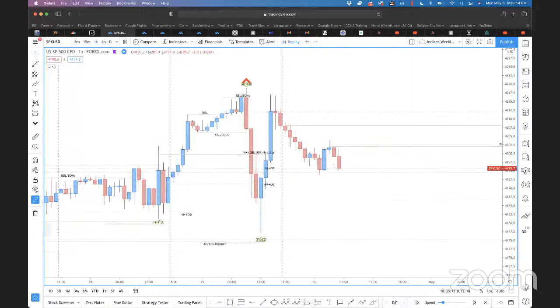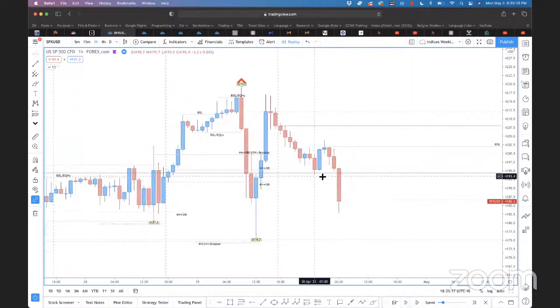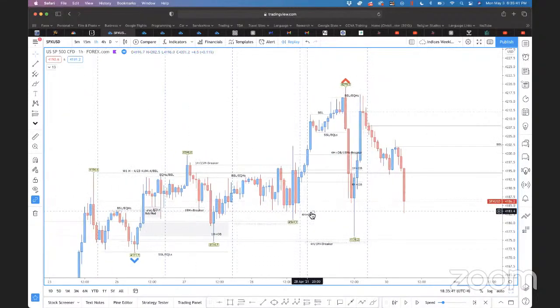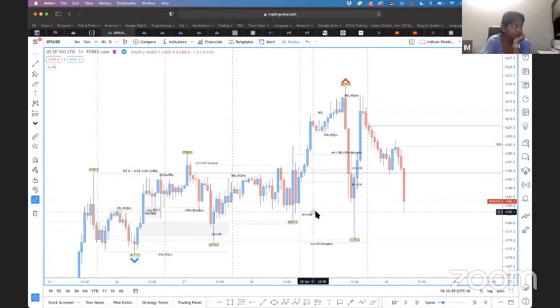So I would have considered, okay, they took out the low. I would have honestly still stuck with my buy actually. I would have stuck with looking to buy this because I would have assumed we got too many reasons for it to buy back up. Like if we look at the previous week, extend this, this is an order block right here, right?